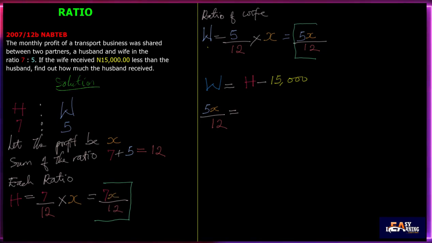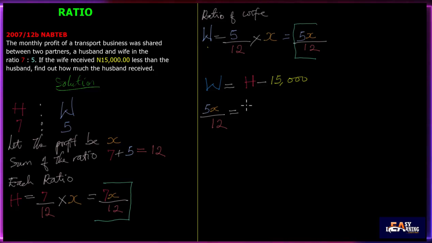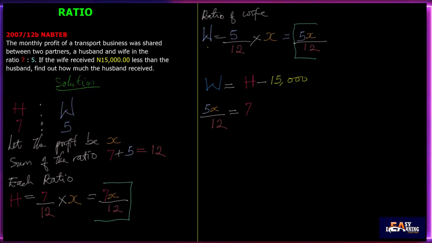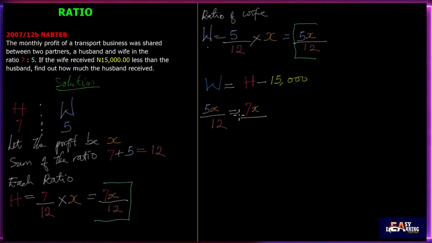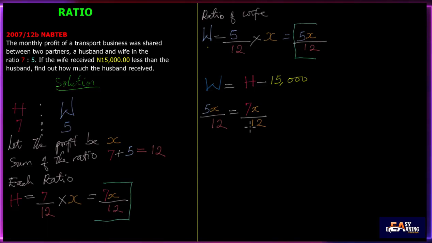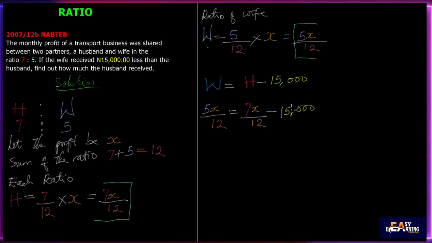So we maintain it that way, and that becomes 7x all over 12. Then we bring down this other part here, minus the 15,000.